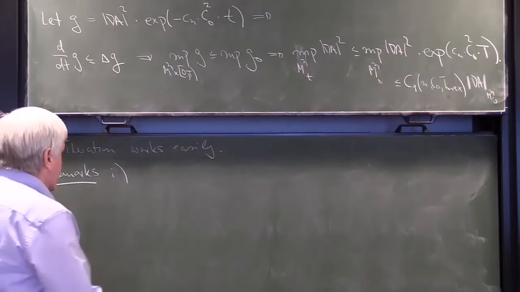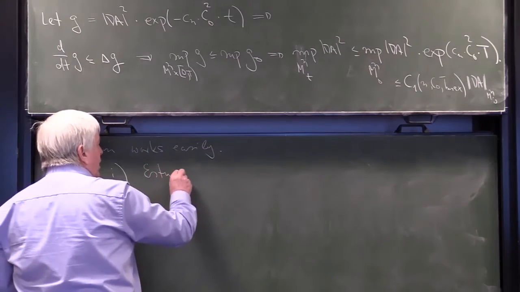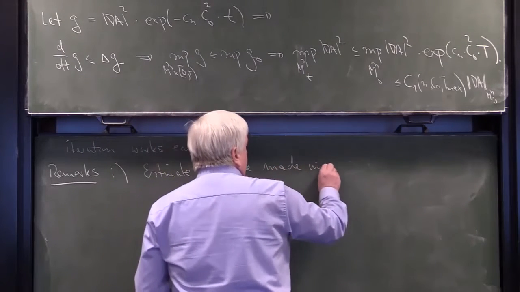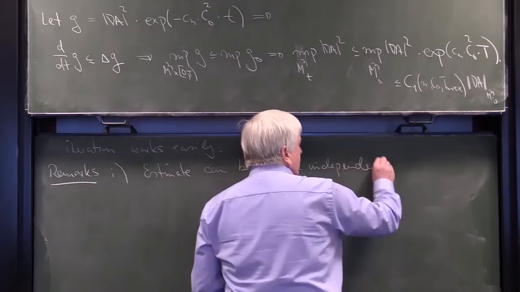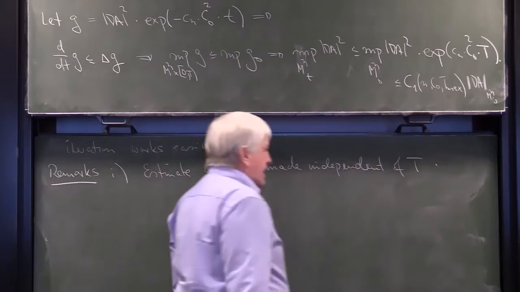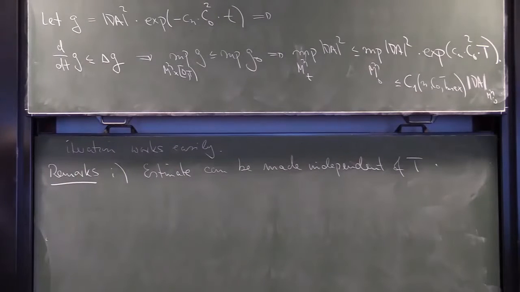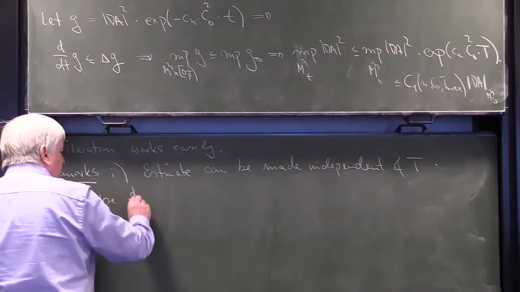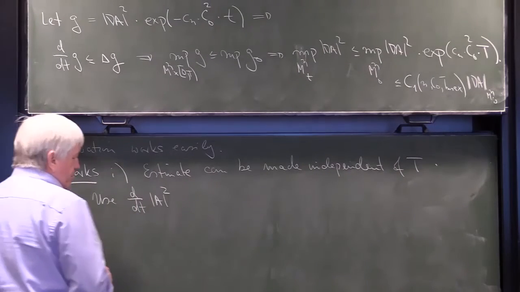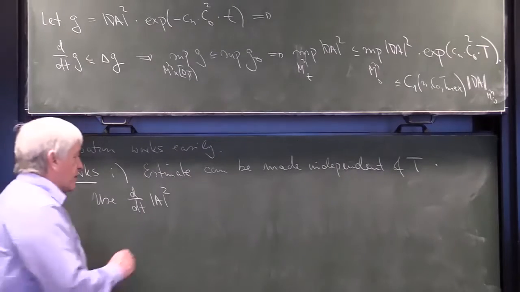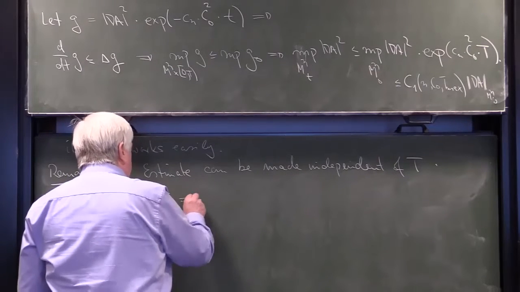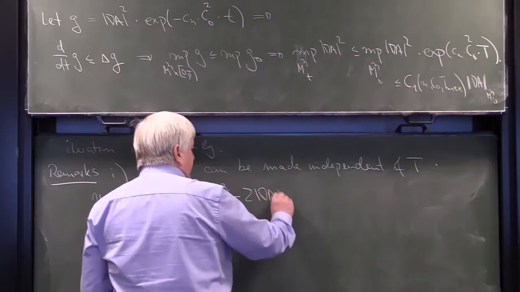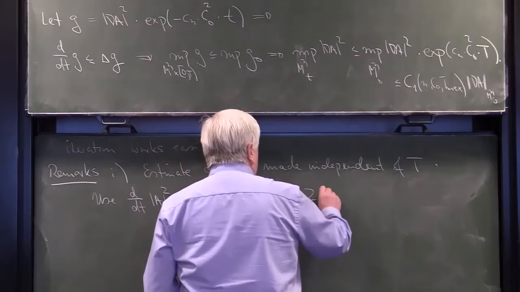First remark is the estimate can be made independent of capital T. And this uses the fact that if you take the ddt of the second fundamental form squared, I'm talking just about Euclidean space at the moment, it turns out to be Laplacian A squared minus 2 gradient A squared plus 2A to the 4.